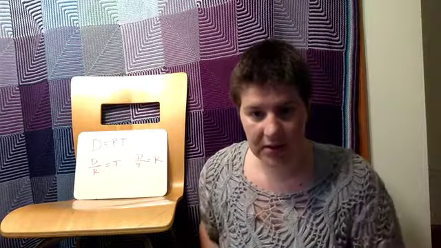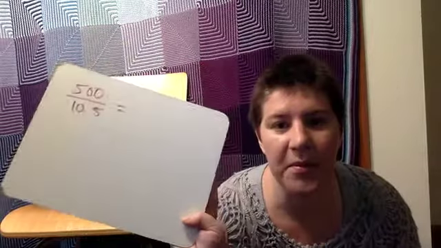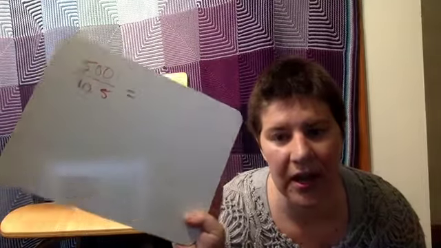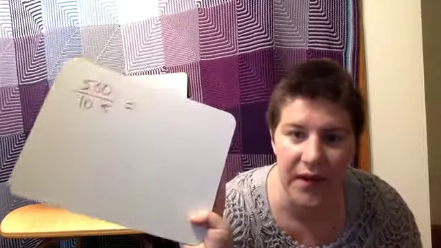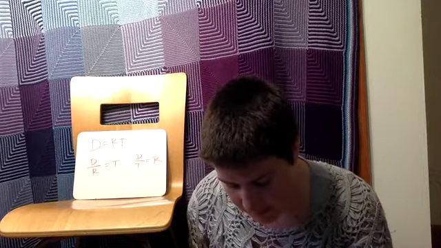As you probably remember, I like to write my division as a fraction. 500 over 10.5 means 500 divided by 10.5. That equals 47.619. So you can round. I'm going to say 47.6 seconds.